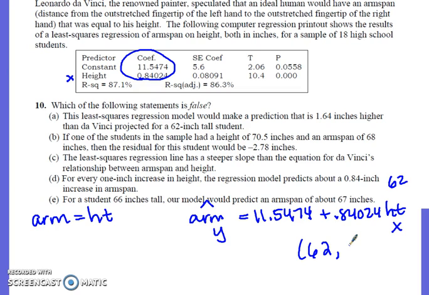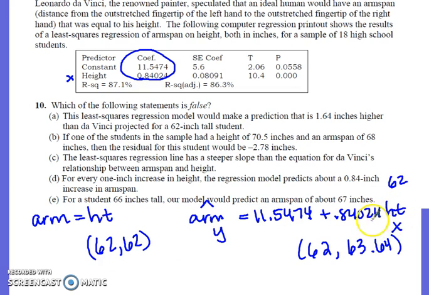I messed up. All right, so let's try that again. Okay, what is wrong with my calculator? Okay, so I went back and plugged in. For some reason my calculator was goofed up.